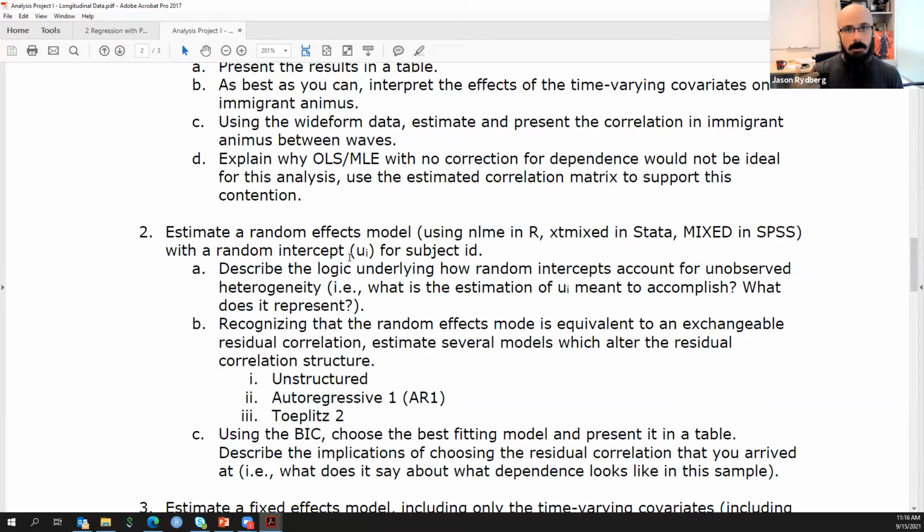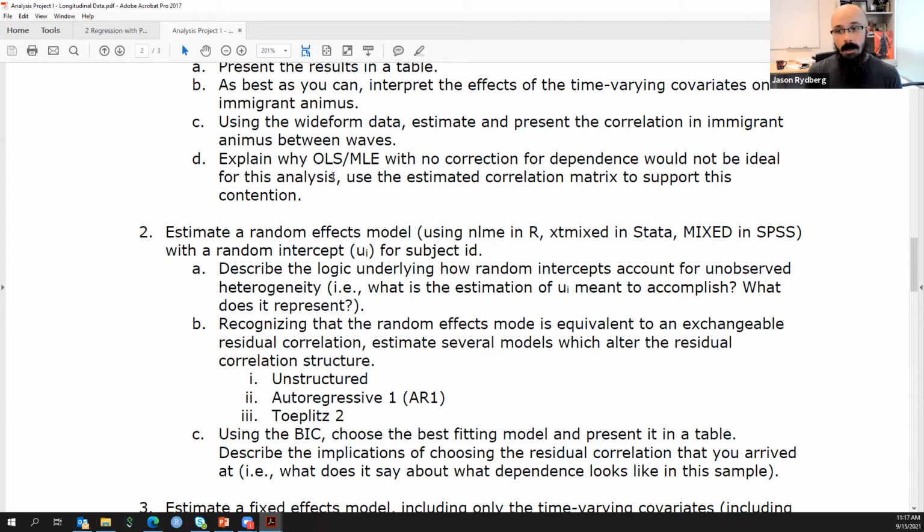So again, you can start playing around with this with your data. What I would hope that you would check out in this case is at least: let me look at these correlations, let me estimate different models and use the AIC or the BIC to compare those, and can you make a determination about what the nature of that correlation structure is?